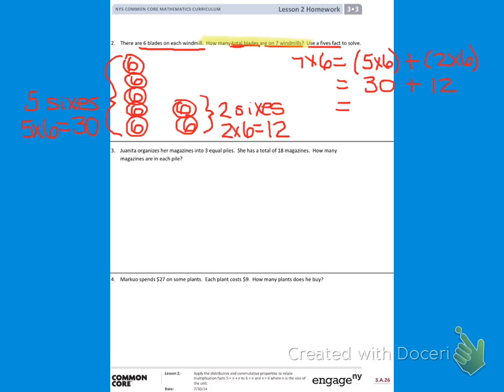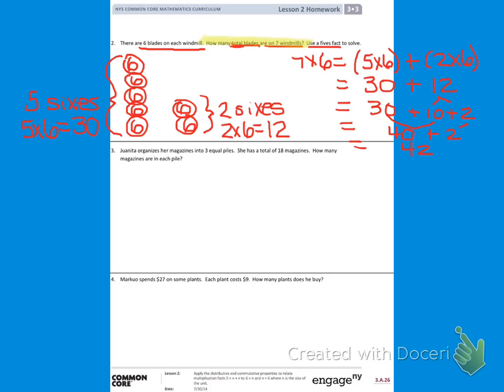Now I will go ahead and bring down the 30 and decompose the 12. 12 is the same thing as 10 plus 2. So 30 plus 10 is 40, and then we add the 2. And 40 plus 2 is 42. Now we have to answer the question in words.